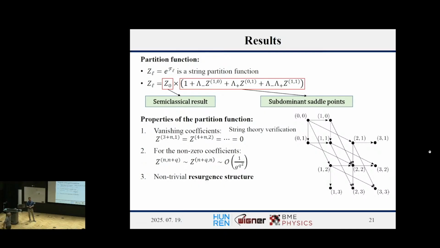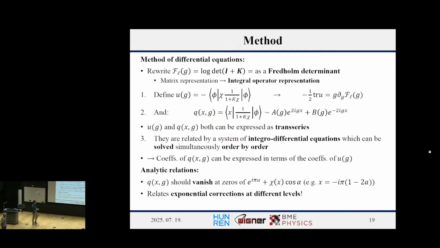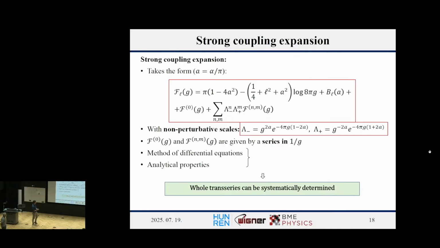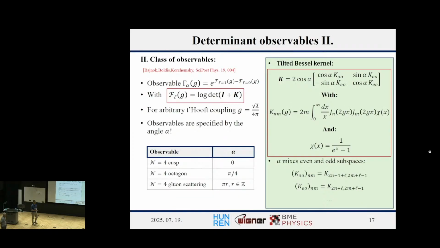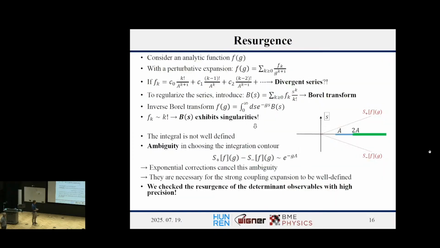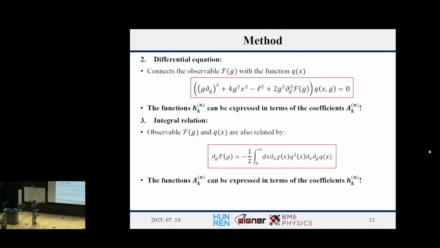So what you actually call cusp is not a cusp, it's just the phi square coefficient of it, right? Or the theta square coefficient. What you call cusp? The cusp anomalous dimension. I mean, if you renormalize. Yeah, but it's not a function of theta. It's just the theta square coefficient.